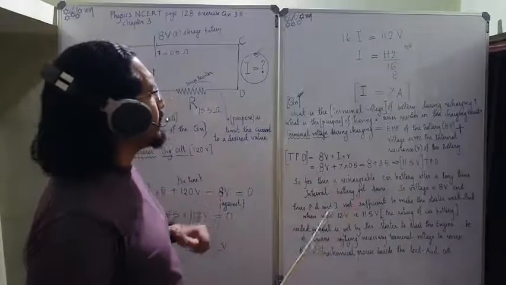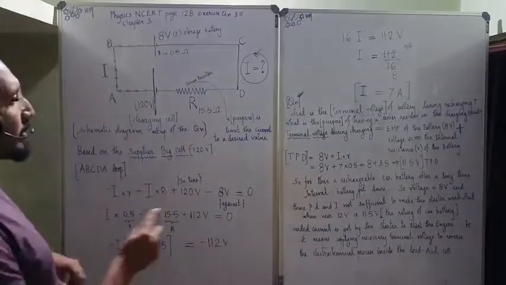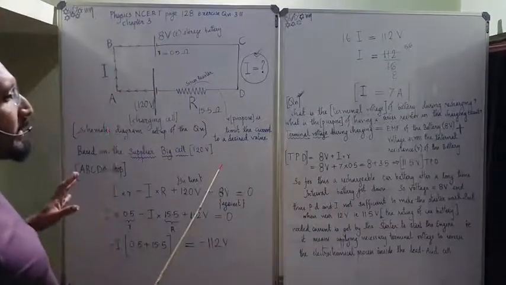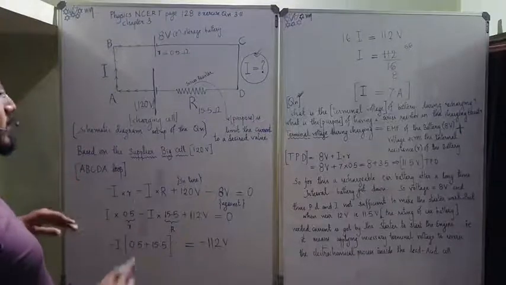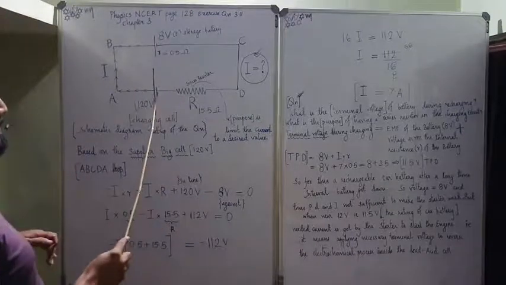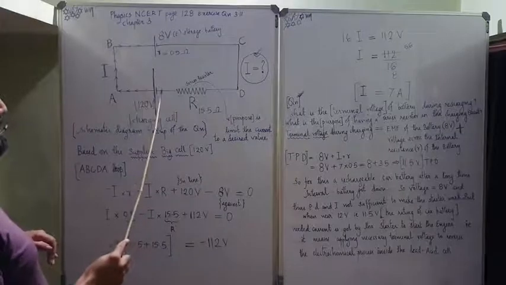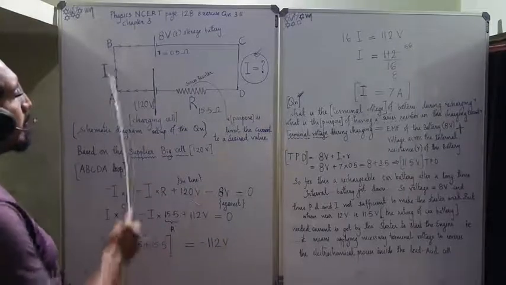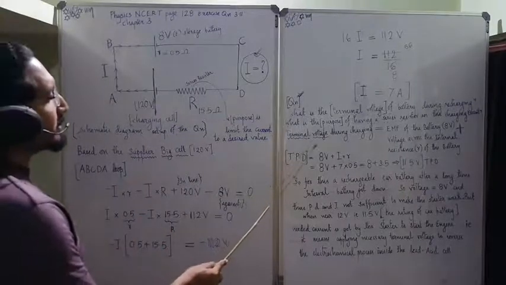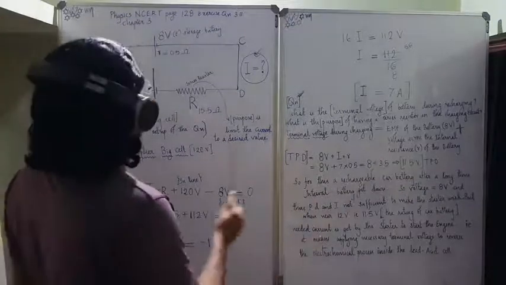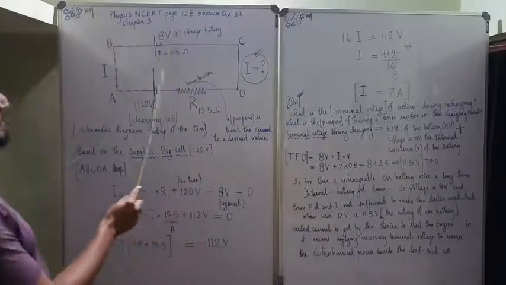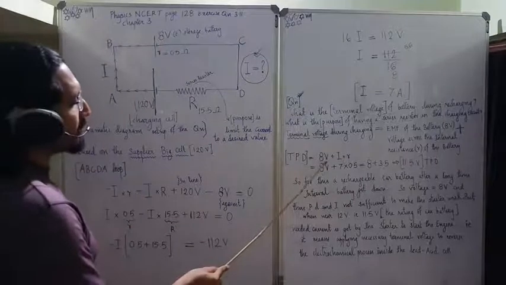And the terminal voltage during charging, what is that? Around the whole circuit, the terminal voltage is the voltage across the resistance of the battery plus the EMF of the battery. The EMF of the battery is given as 8 volt.